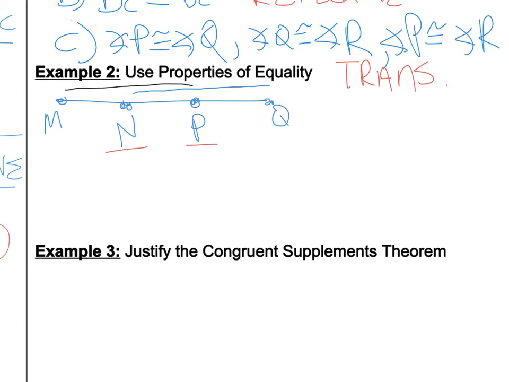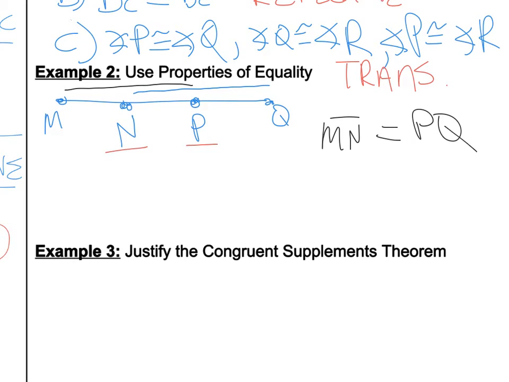N is the midpoint of M and P, that first section, and P is the midpoint of NQ. So, all right, we want to show that MN is equal to PQ. We want to prove that.